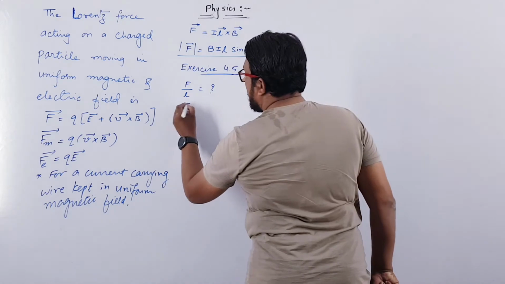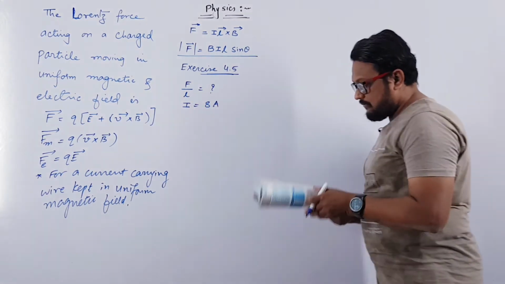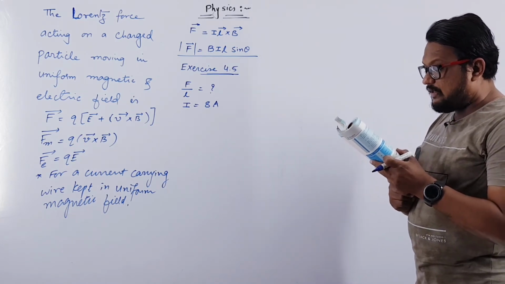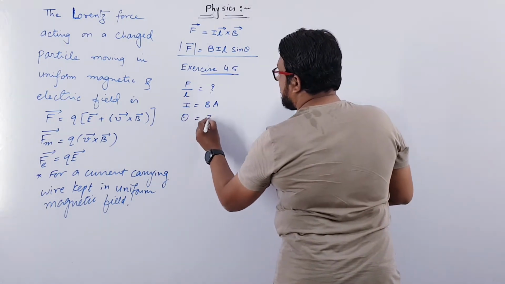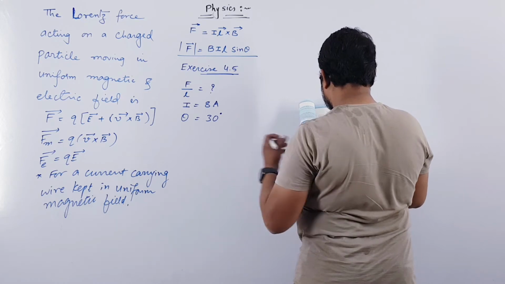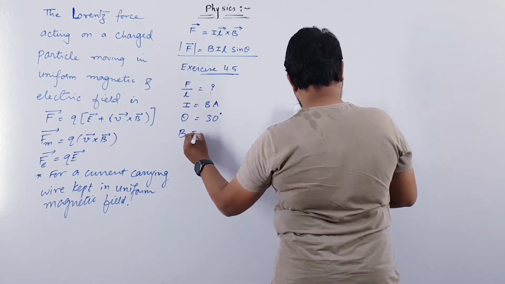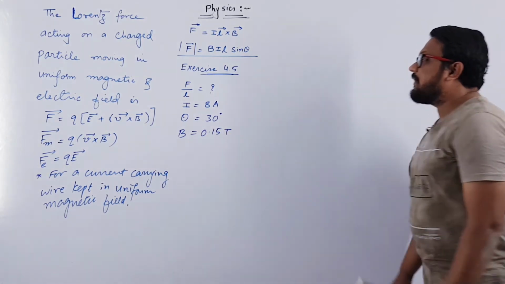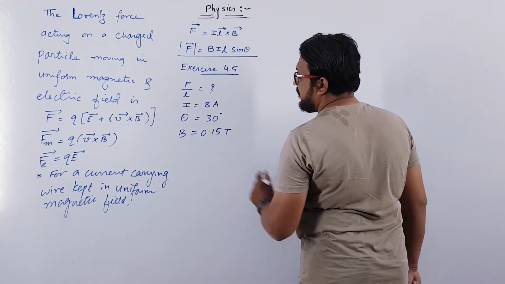Current flowing through the wire is given as 8 ampere and making an angle of 30 degree with the direction of uniform magnetic field of 0.15 Tesla. Magnetic field is given as 0.15 Tesla.